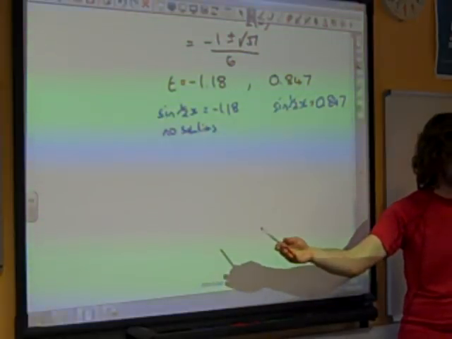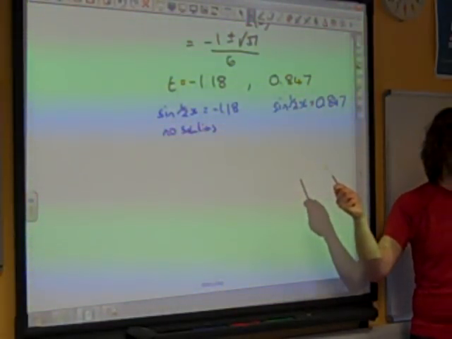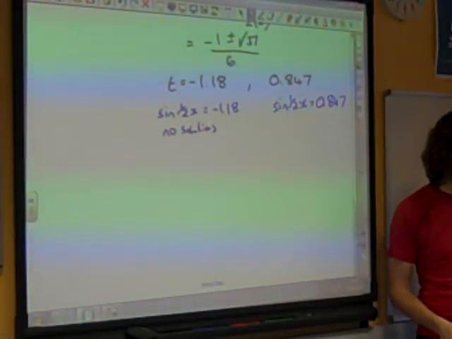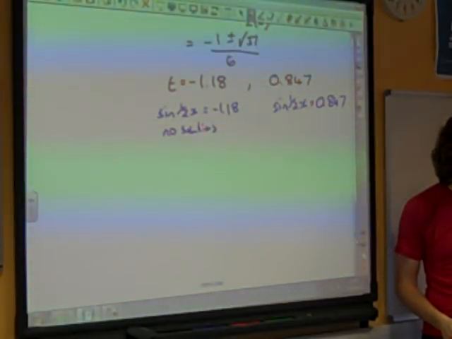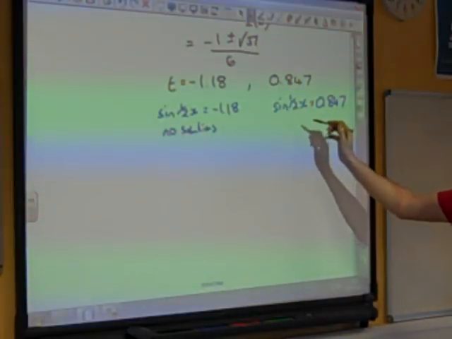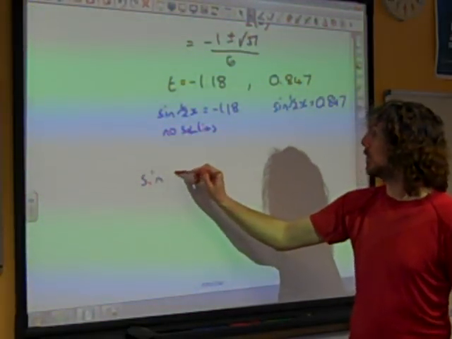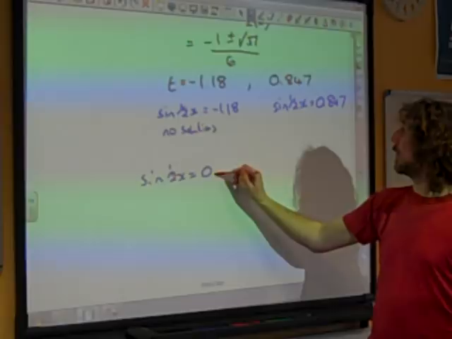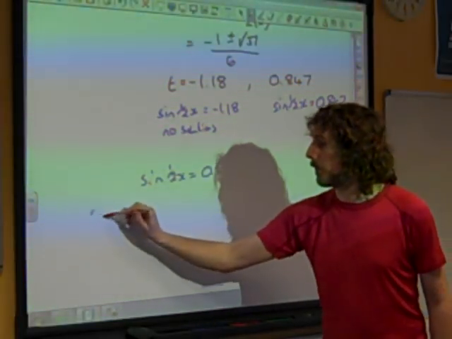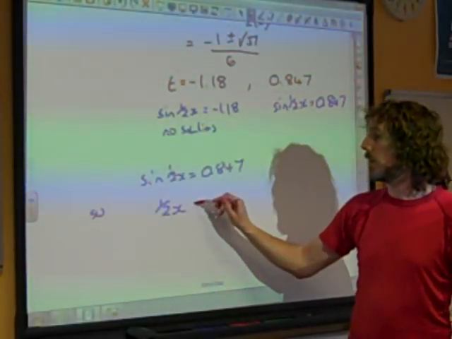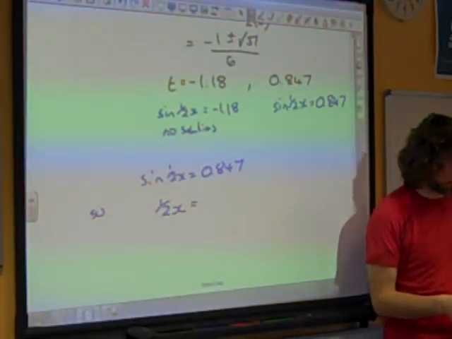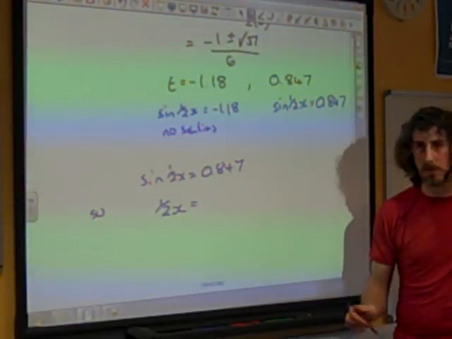Question 9, we're back to radians again, because it's between minus 2 pi and 2 pi. So, inverse sine of 0.847 for half x. Your calculator should say 1.01.